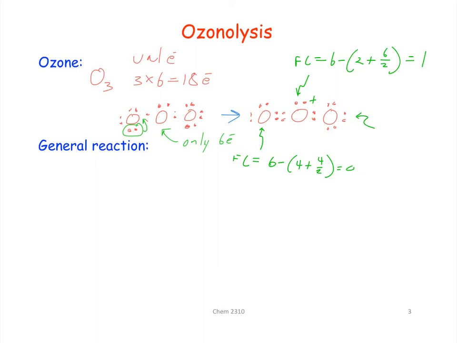Okay, so here we have a formal charge. This equals 6 minus, we have 6 non-bonding electrons, plus we have only 2 bonding, 2 divided by 2. This equals 6 minus 7 equals minus 1. So we got minus here. So ozone, even though it's neutral overall, has a minus and a plus charge.